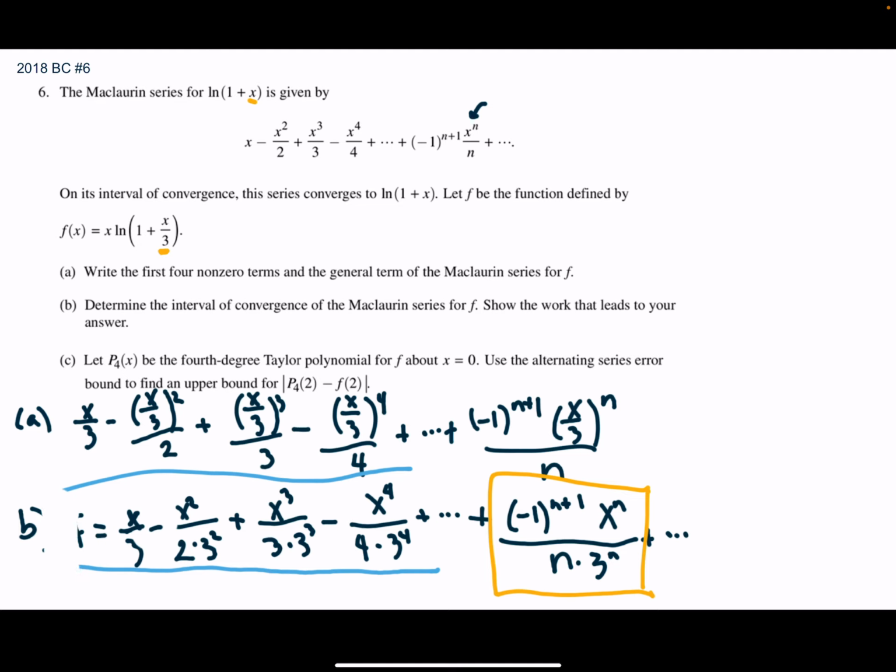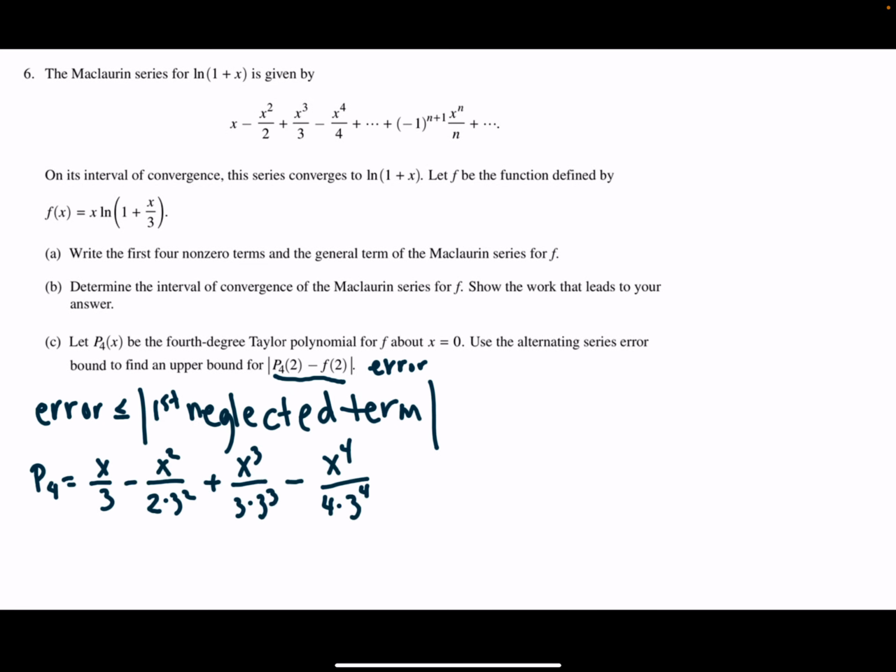P sub 4 is not necessarily the first 4 terms, but the terms up through x to the 4th. So I'm going to recopy this on this other slide: x over 3 minus x squared over 2 times 3 squared plus x cubed over 3 times 3 cubed minus x to the 4th over 4 times 3 to the 4th. I took that from part A.